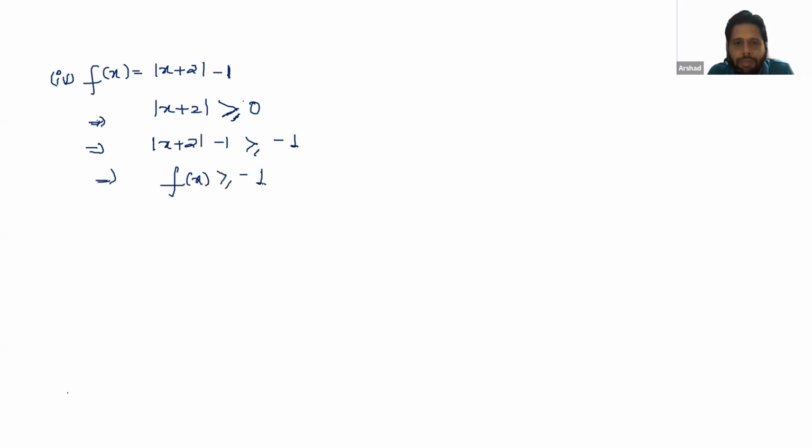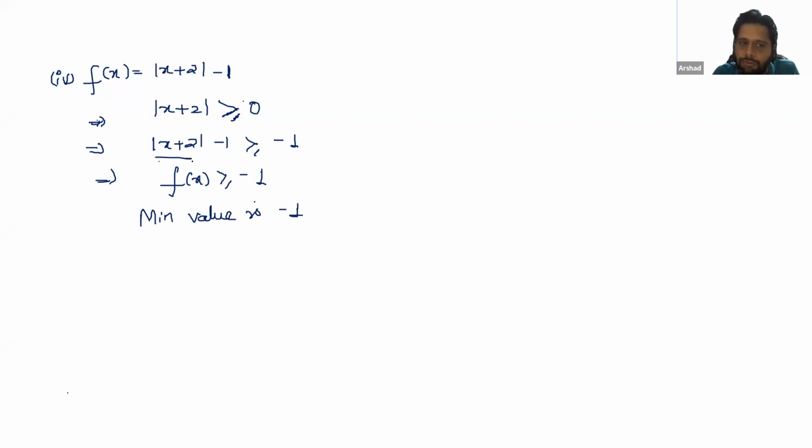So who can tell me the minimum value of this function? The -1. Very good. So the minimum value is -1. And when will we get -1?